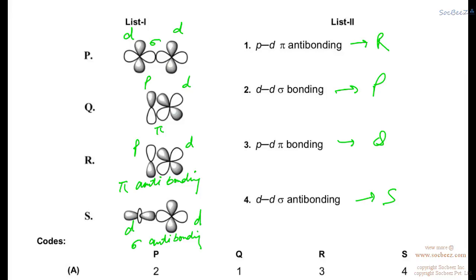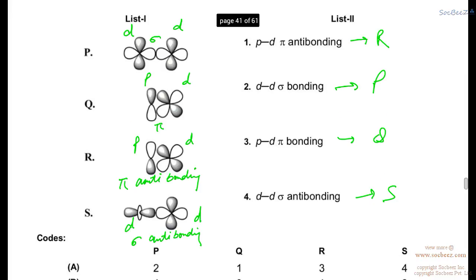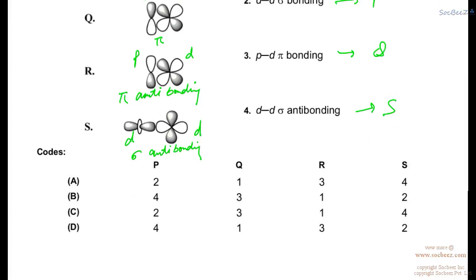So the correct option here is P corresponding to 2, Q to 3, R to 1, and S to 4. So the correct option here is option C. Okay, so this question concludes our discussion on JEE Advanced Paper 2 Chemistry section.